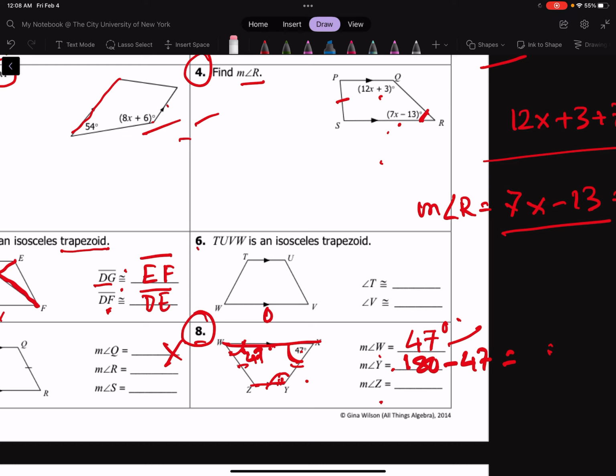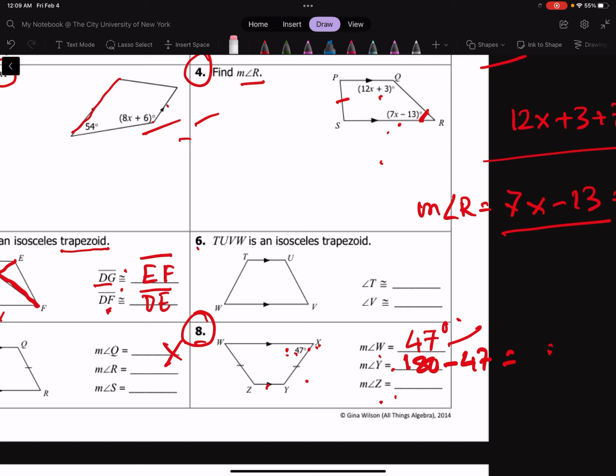Then for the other question, the measure of Z, Z is here. You can still find it. If you are smart enough, by this time you have understood that since opposite angles are supplementary and the base angles are congruent, these two should be congruent. That is the formula you can deduce by yourself: if it's an isosceles trapezoid, they should be congruent.